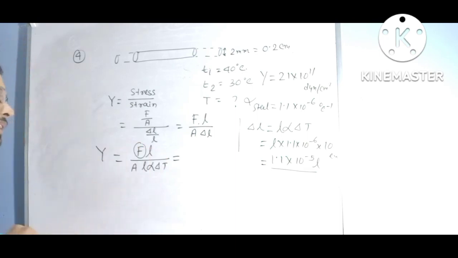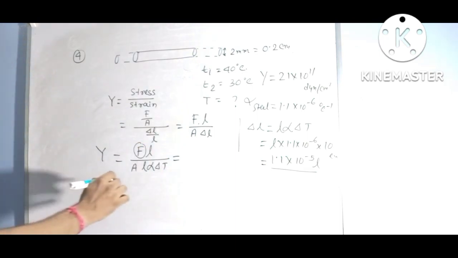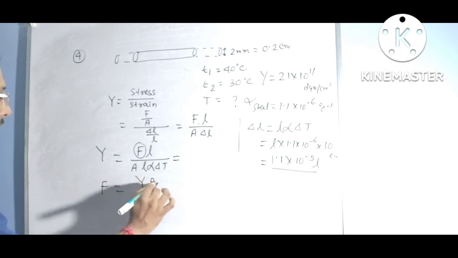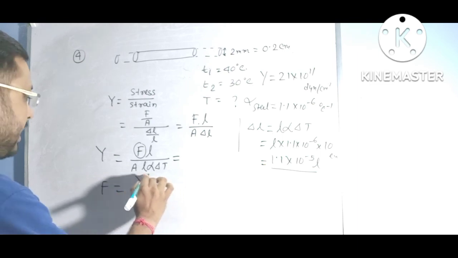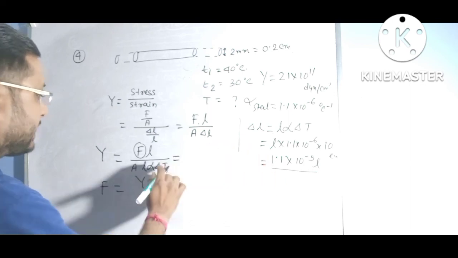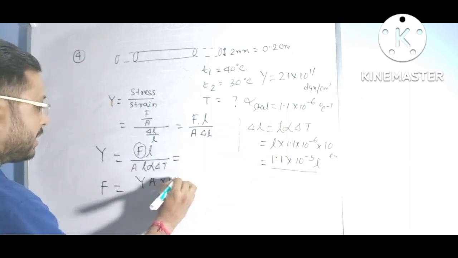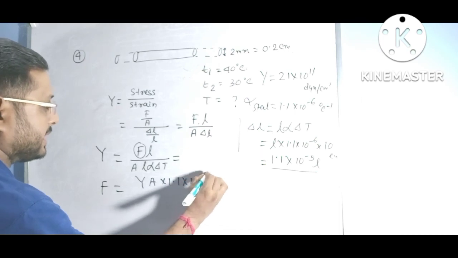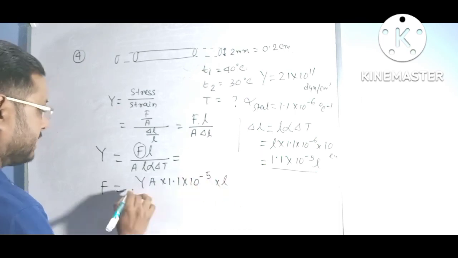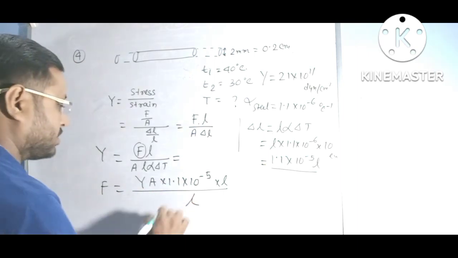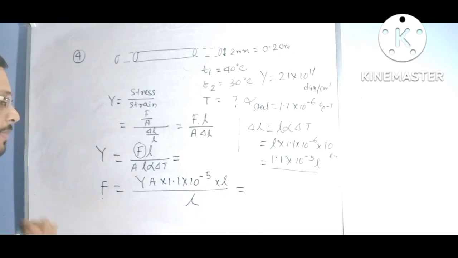So, we need to find out the value of F. From this equation we can get F equal to Y A into L alpha delta T divided by L, where the value of delta L is 1.1 into 10 to the power minus 5 into L. L cancels out.